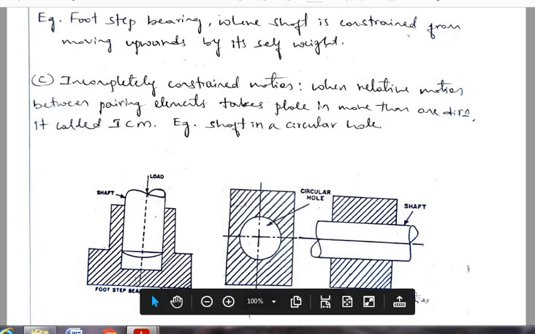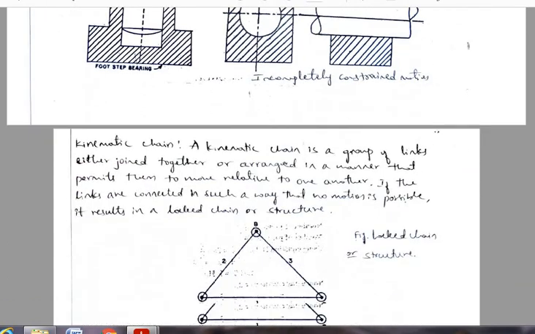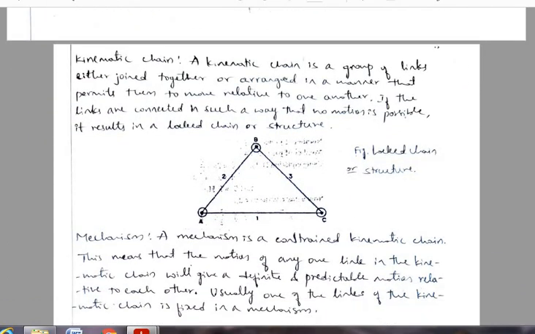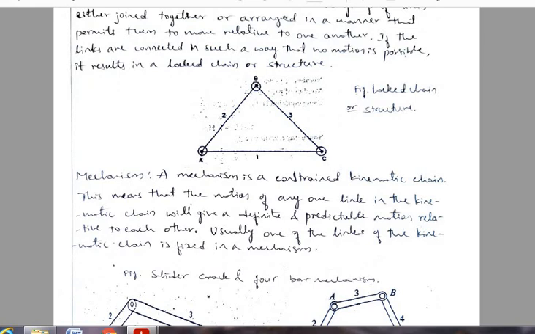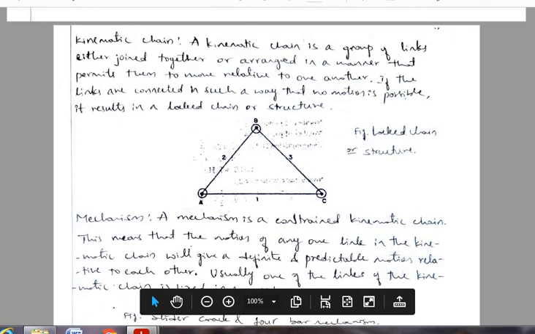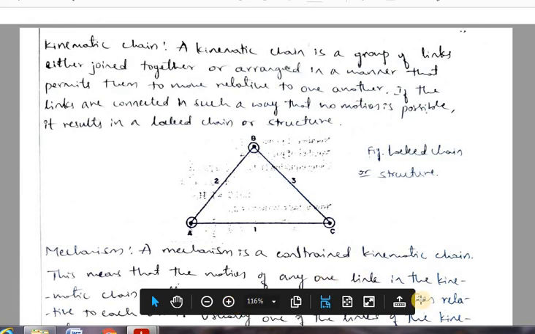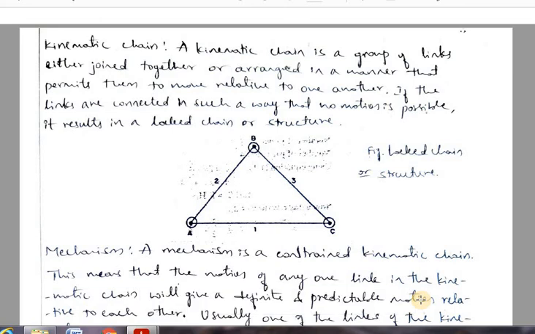So these are the three types of constrained motion. Next we have the kinematic chain. A kinematic chain is a group of links either joined together or arranged in such a manner that it permits them to move relative to one another.